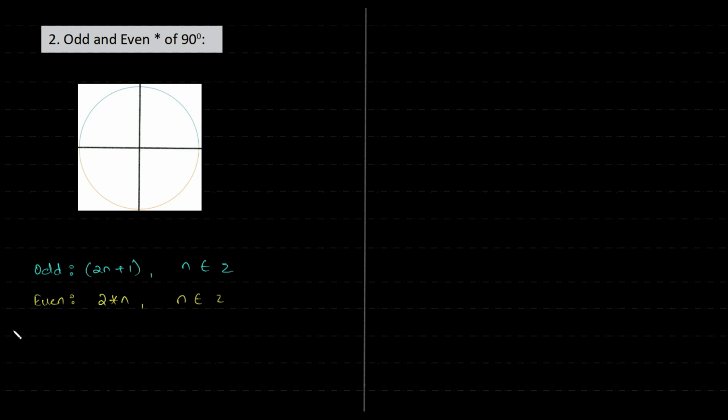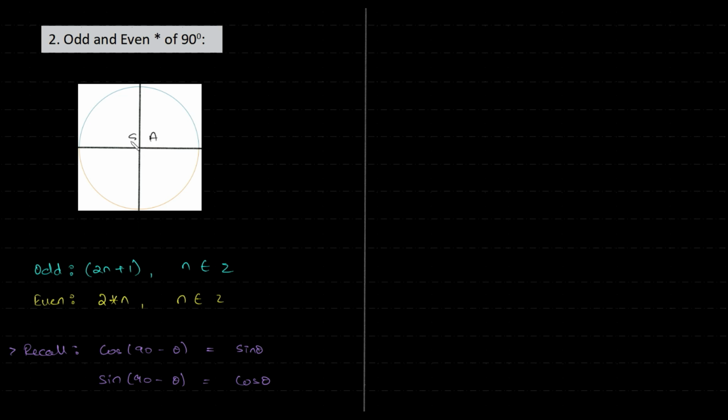And one more thing that we'll need to recall is the following. Cos of 90 minus theta is sine theta, while sine of 90 minus theta is, yes, cos of theta.